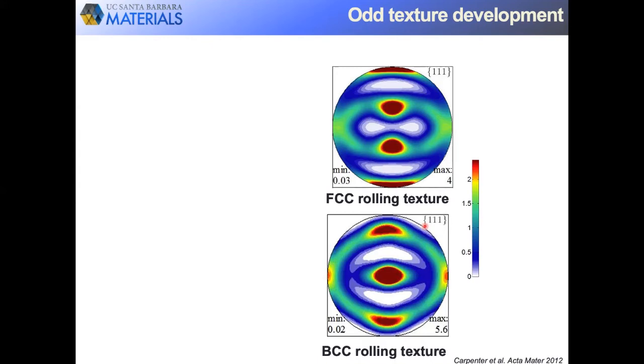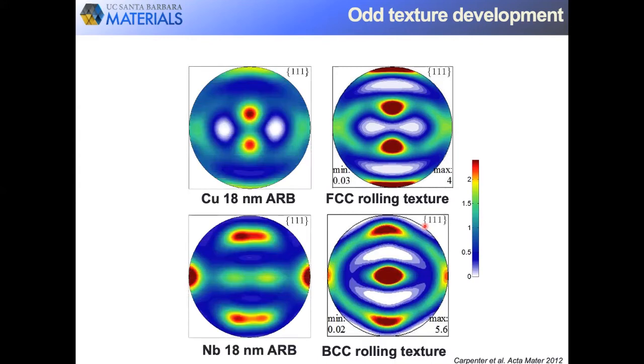Also, something I'd like to point out is that there is a distribution of rolling texture components. There are many of them that are considered stable when you roll the material. So something we found interesting when we compared that to the pole figures representing the textures for the ultrafine or the nanolayered materials, copper and niobium, is that we see that they are distinct.